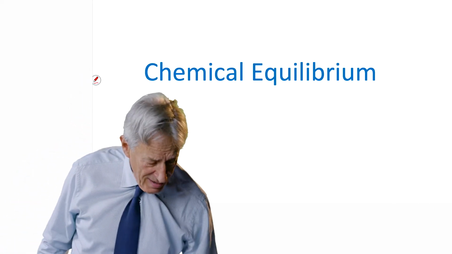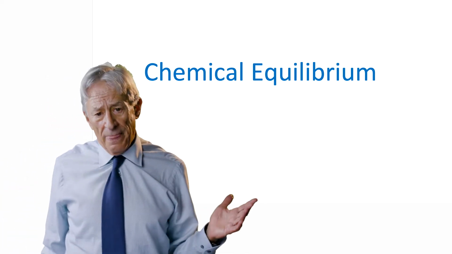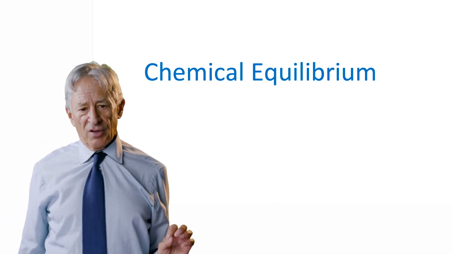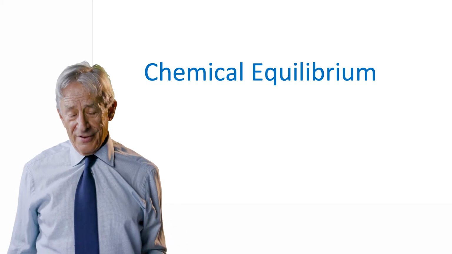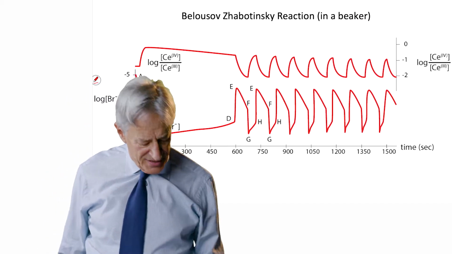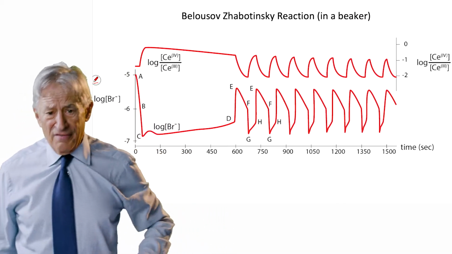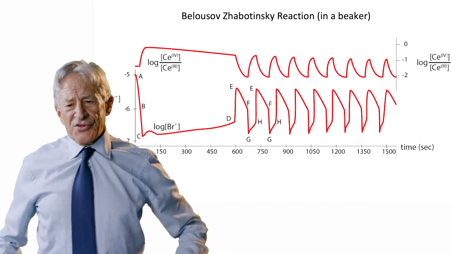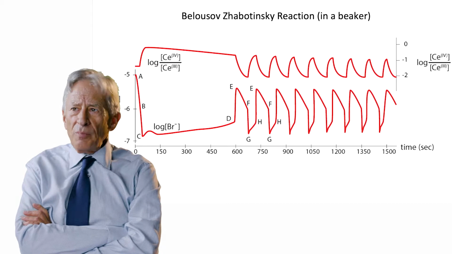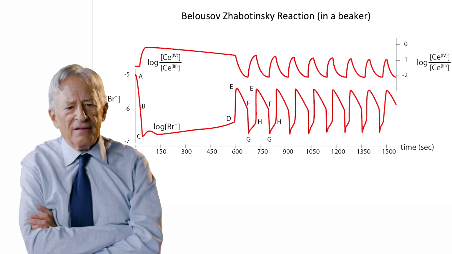Okay, let's take an even more extreme example, chemical equilibrium. Now, am I really going to question the doctrine of chemical equilibrium? Well, the answer is yes. In the 1950s, a Russian chemist named Belousov was studying the reduction of bromate by malonic acid and something like that.